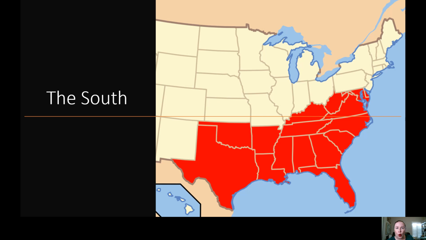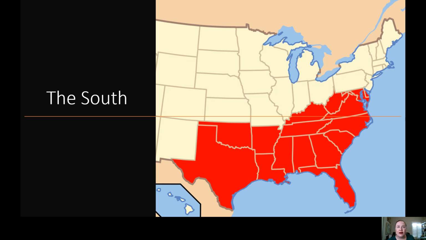We're going to be moving away from our focus on the coastal South that we've been focusing on most of the semester, like Virginia and the Carolinas, and instead move our attention farther south and west. There are a lot of states in the South that border other regions, for example Oklahoma, Arkansas, Kentucky, Tennessee, and West Virginia, which doesn't exist yet at the time we're talking about today.